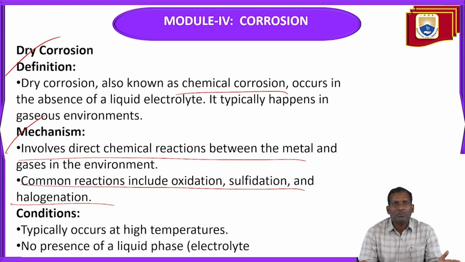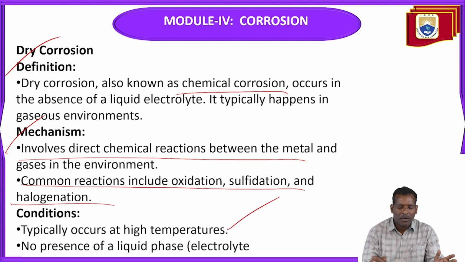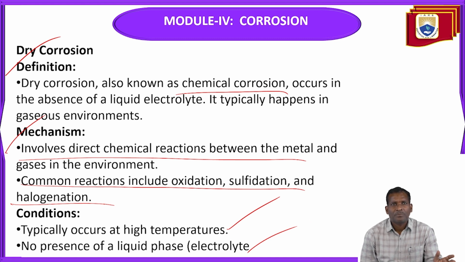The mechanism behind dry corrosion is direct chemical reactions between the metal and gases. The conditions: it typically occurs at high temperatures, with no presence of a liquid phase electrolyte, so no liquid is required.